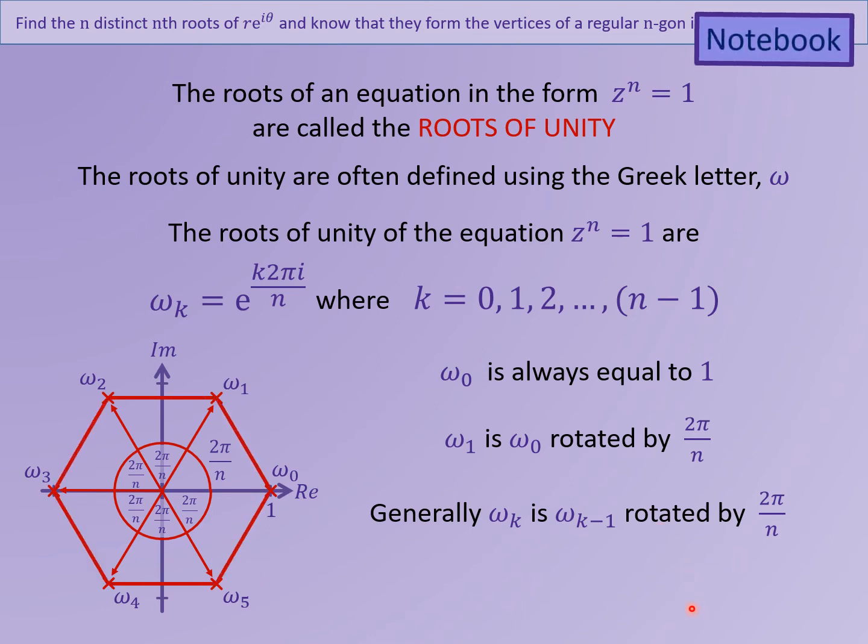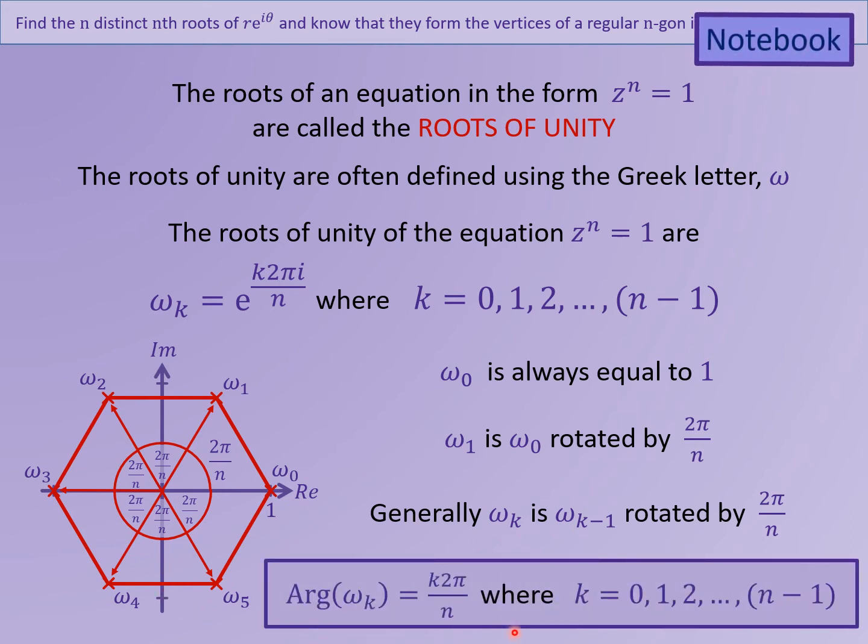So we get our nice, in this case, regular hexagon. But it's important to notice that the argument for any root of unity is always going to be some multiple of 2 pi over n. So if I want this third root, what's the argument of that? Well, I have to turn 2 lots of 2 pi over n.